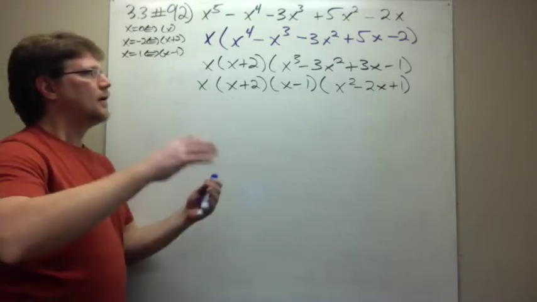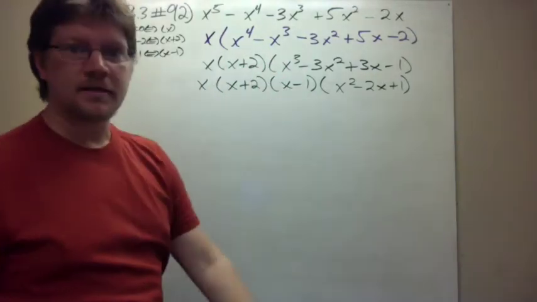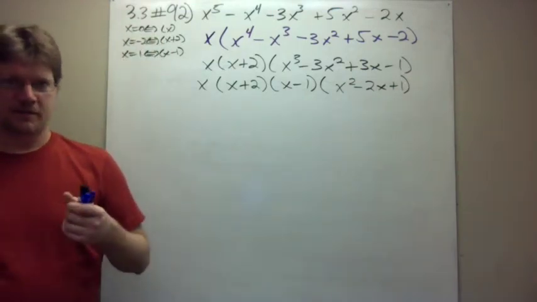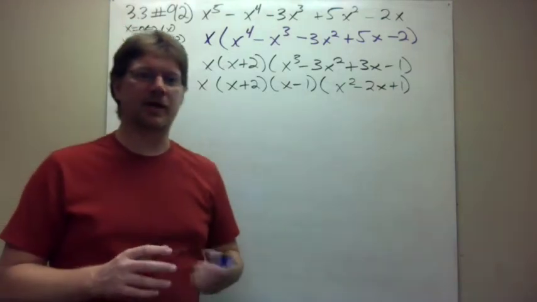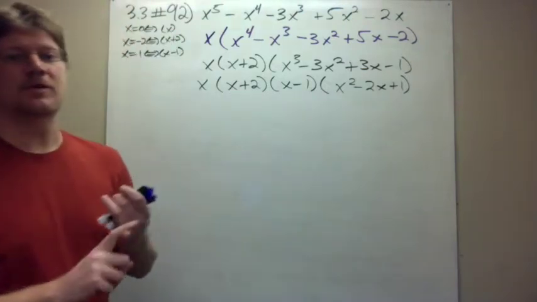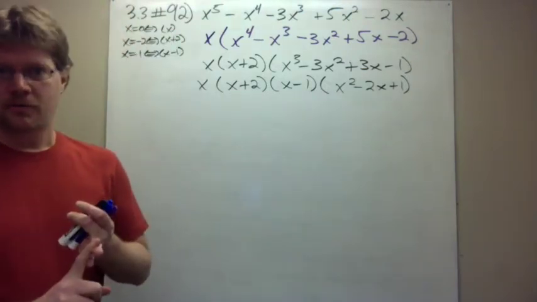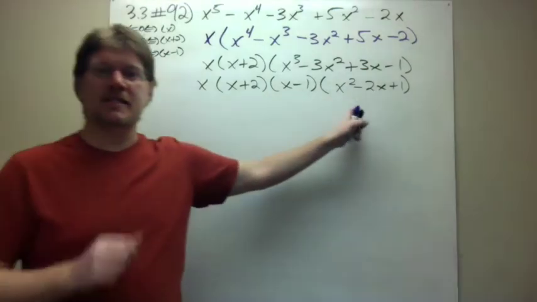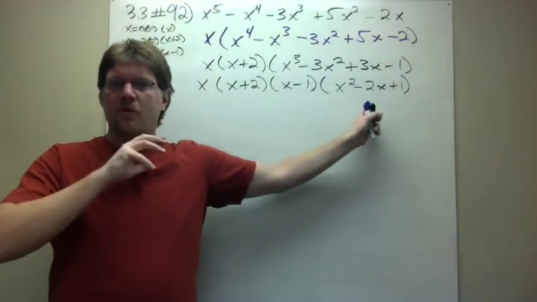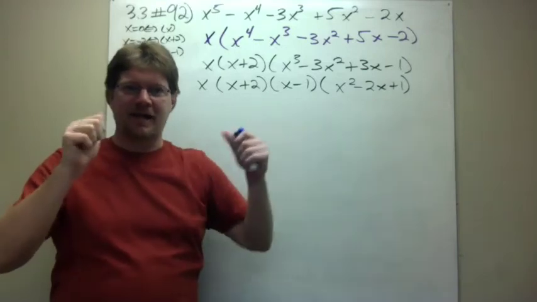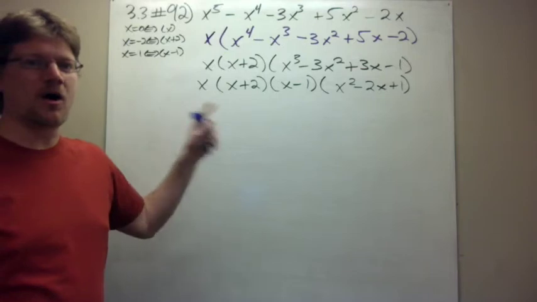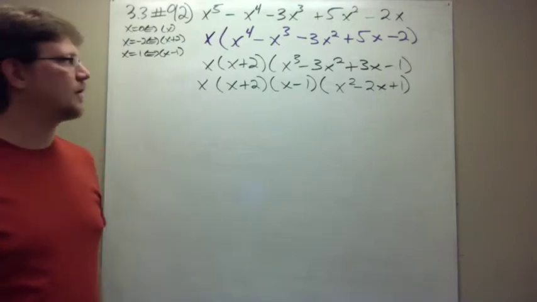Now this last piece. We know that there aren't any different zeros by looking at the graph. The only ones that we saw were at 0, negative 2, and 1. So what that means is that this thing either can have no real zeros, or the only ones it can have are ones we already have.